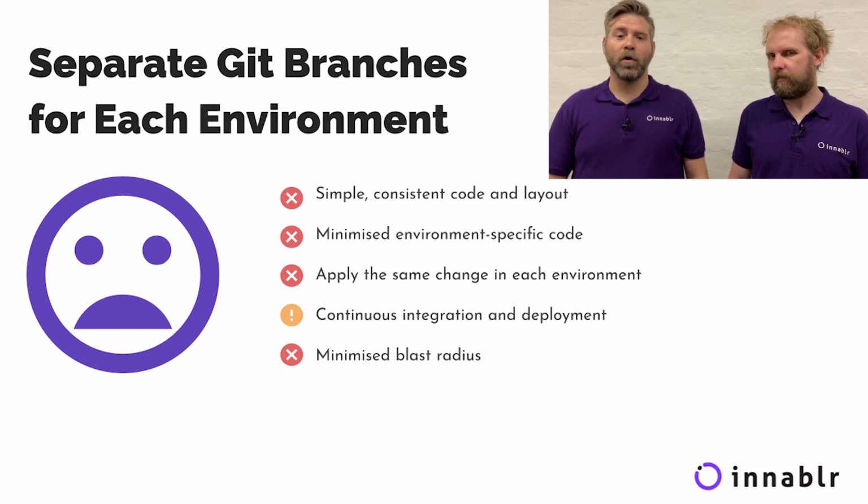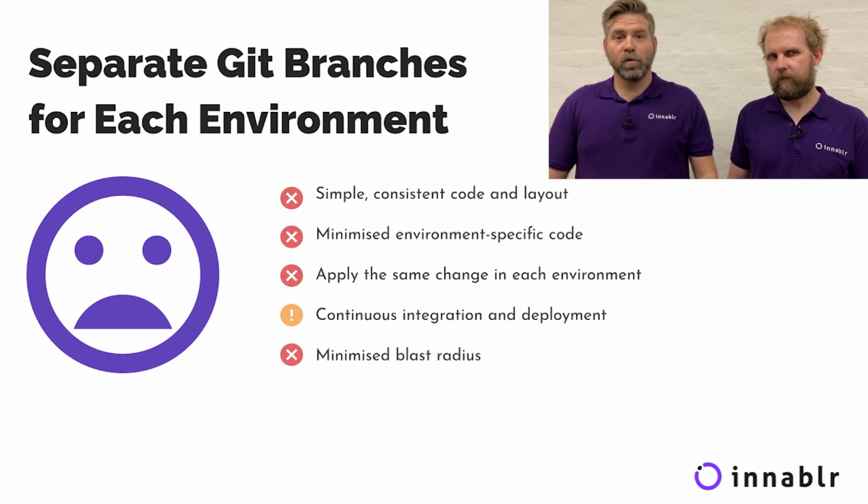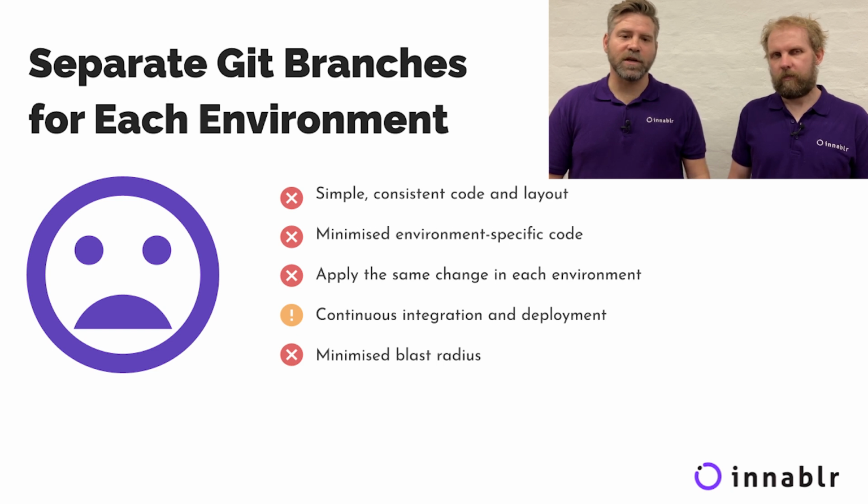For example, trying to merge prod into pre-prod, pre-prod into dev, and you'll have a lot of challenges, a lot of issues trying to merge those code bases together. Continuous integration and deployment potentially could be done, but you're still going to have issues because once again, you've got to change branches and you're going to have different code bases.